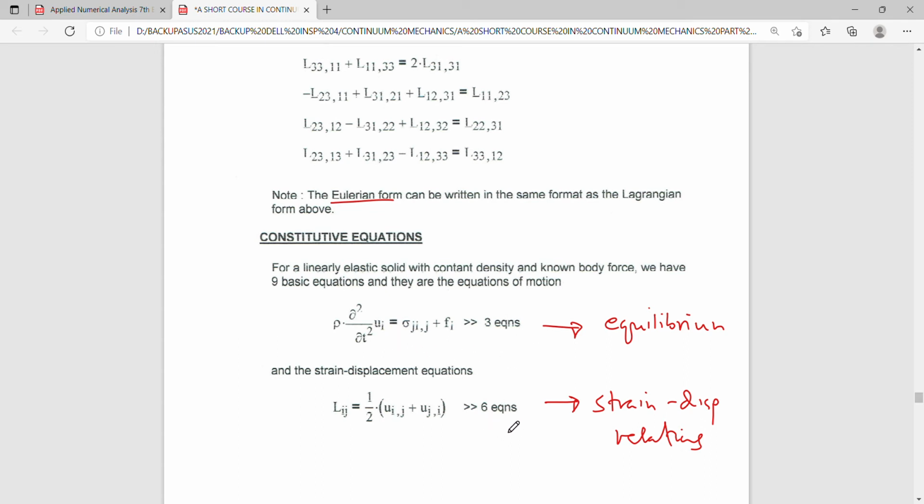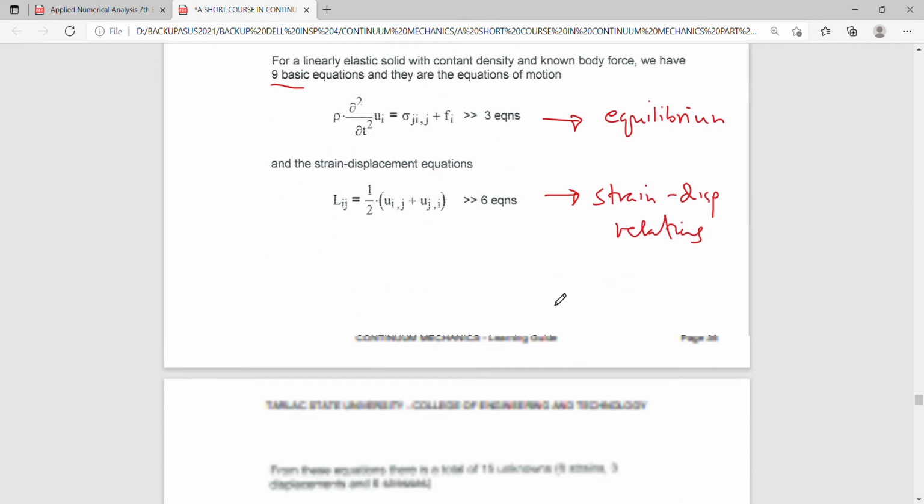You have six equations for your strain displacement relations to be checked using the compatibility equations. So you have a total of 9 basic equations considering motion. Okay?